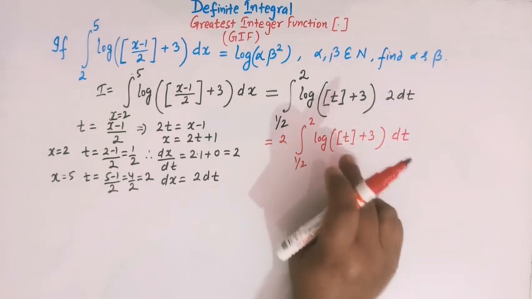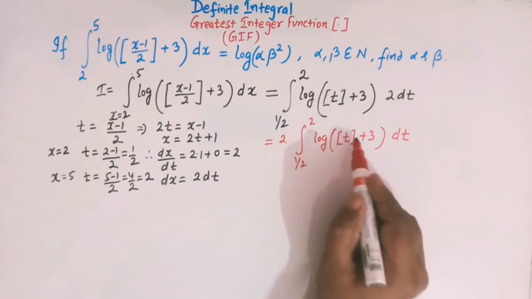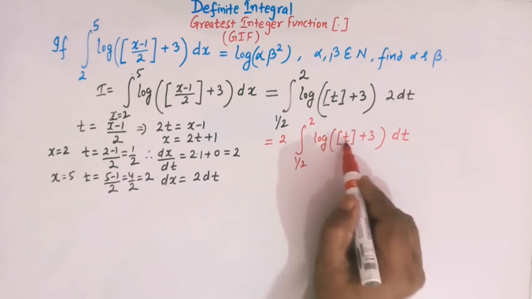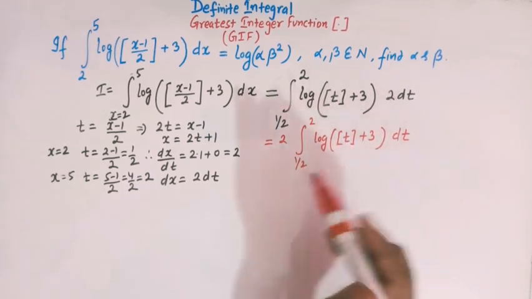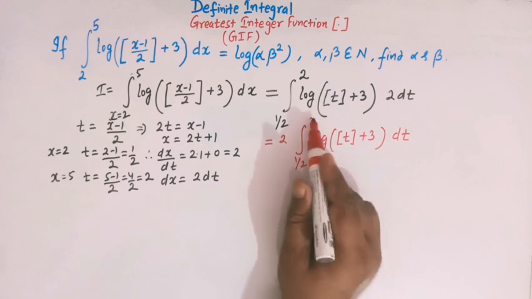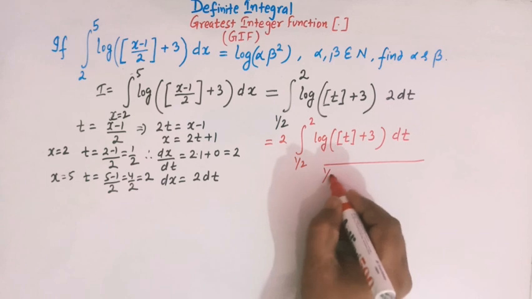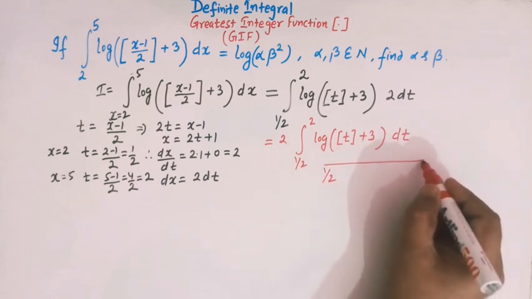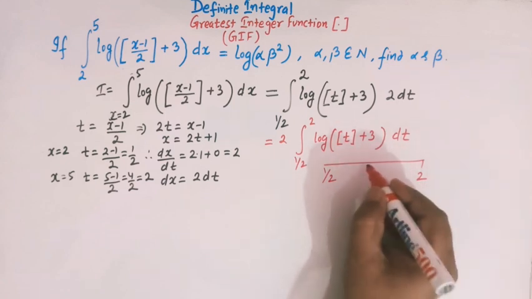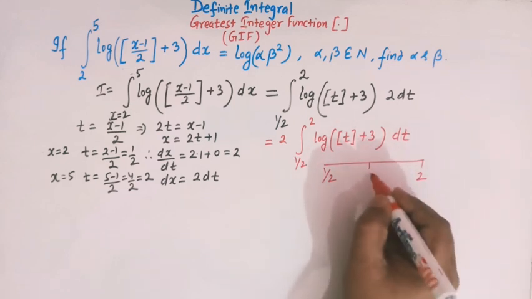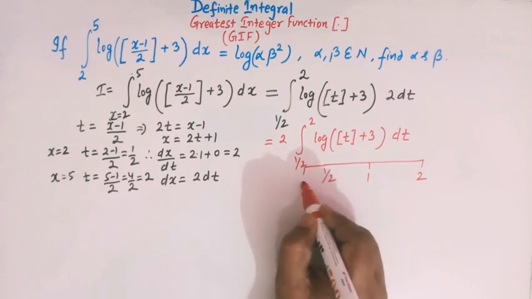Now we'll try to find the value of greatest integer of t in a given interval, and to find the interval, let us see the limits of integration. Here we have half, and here we have 2. Between half and 2 we have the integer 1, and we can take 0 also.